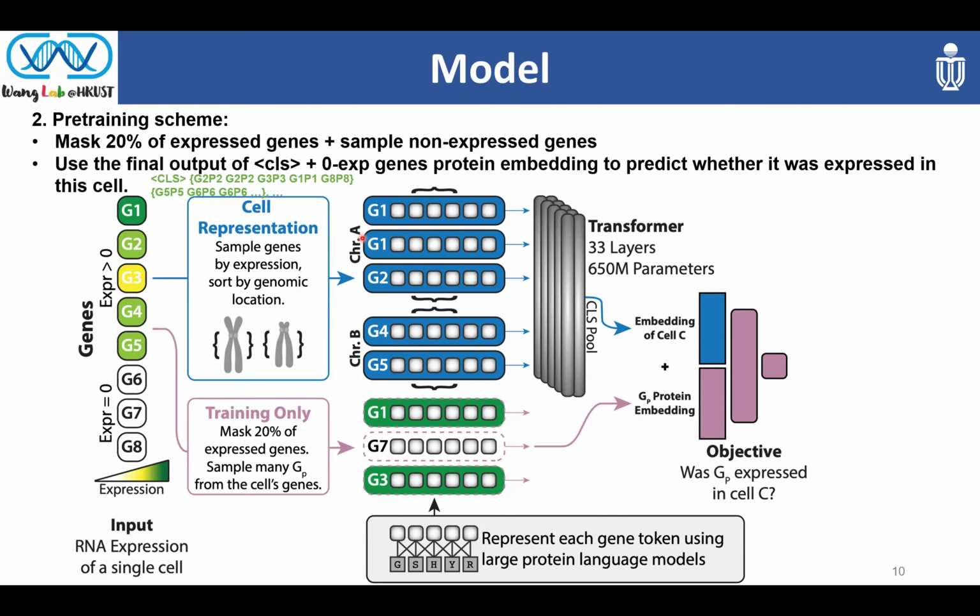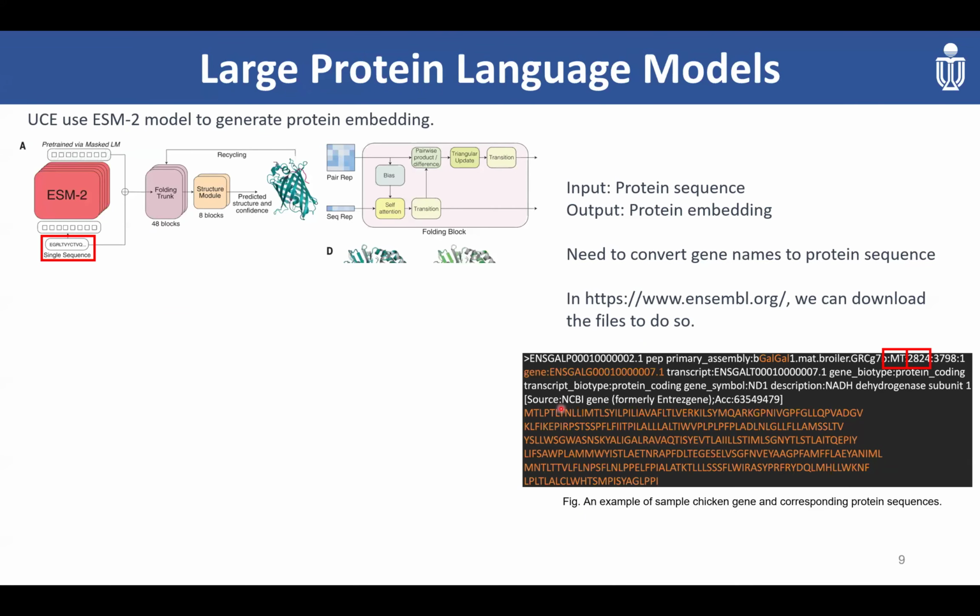This is biological knowledge. For gene A and gene B in human, maybe they are in one chromosome, but in chicken, maybe not in the same chromosome. I don't know. We should first do a mapping to get the chromosome information and the position information here.